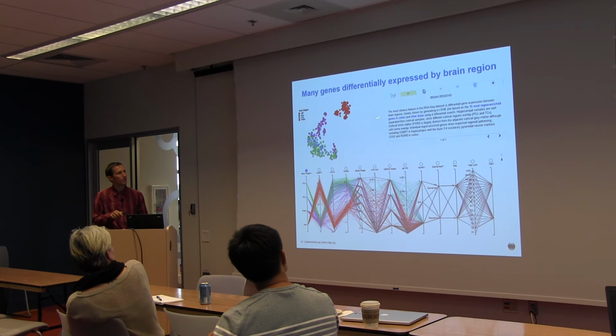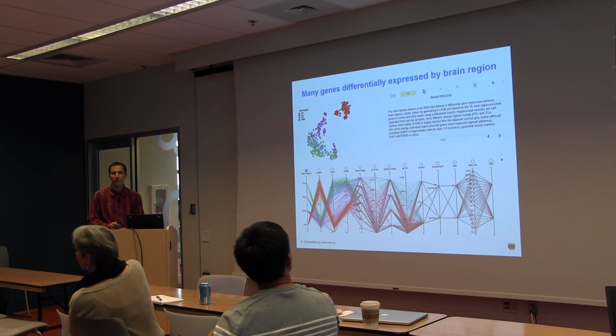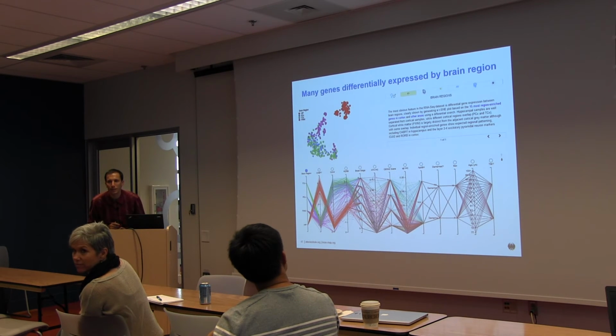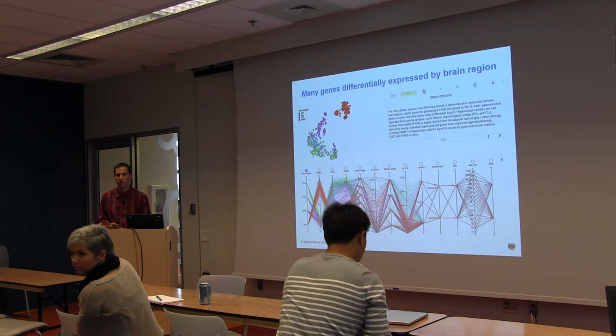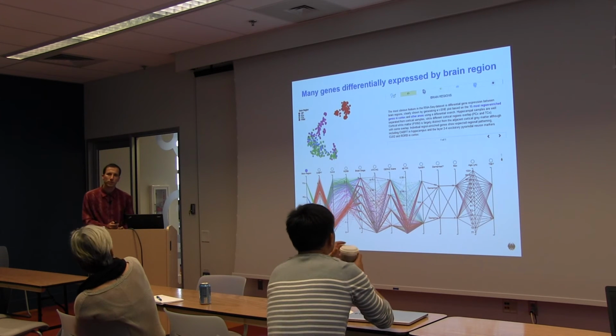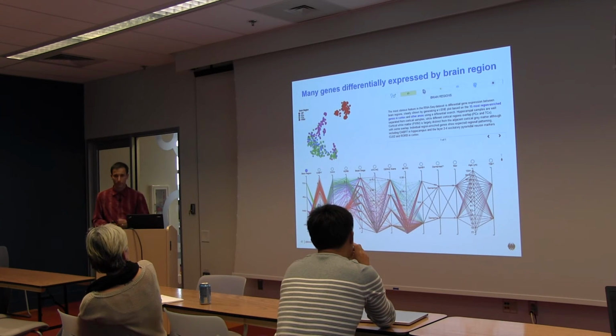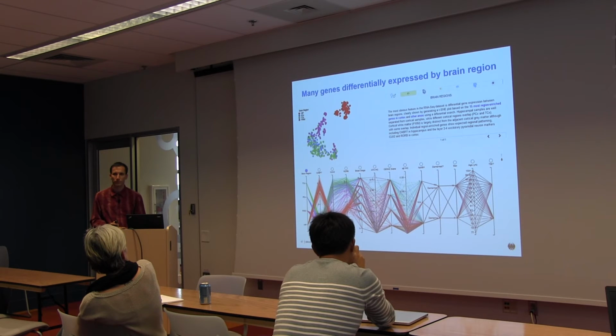Here's another example where we took the top genes that were differentially expressed between the different brain regions, and then they separate out by brain region. So here's hippocampus, here's cortex. The cortical white matter samples generally split out from the cortical gray matter samples. So just to understand the process, you assess every gene separately and see how well they separate between the four brain regions, and you take the top, however many you have here, and then you do t-SNE on it?